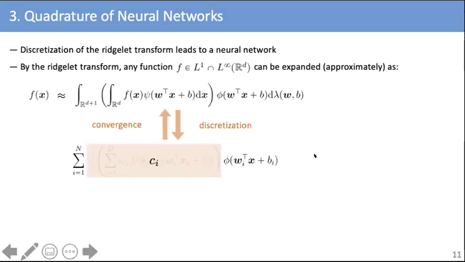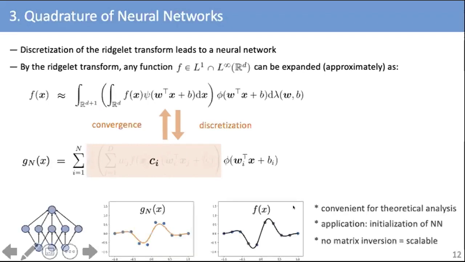Now we consider resymbolizing this shaded term as Ci, which is definitely possible to do because this is just a notational manipulation. By doing this, we can see this equation is exactly the same as the definition of two-layer neural networks, which I introduced at the beginning of this presentation.